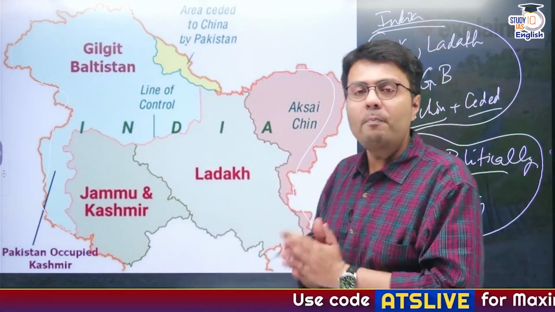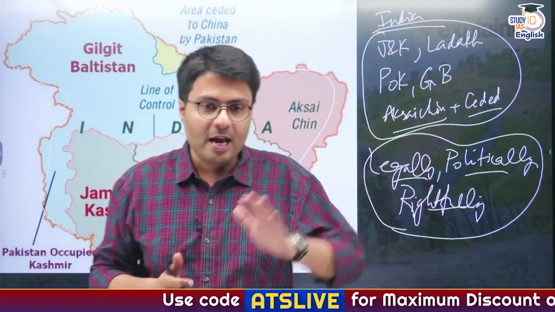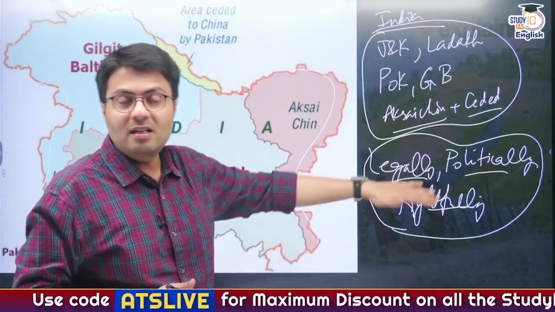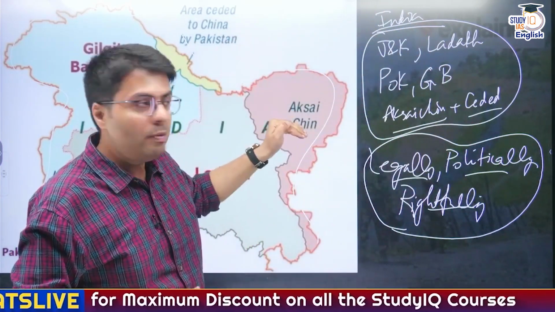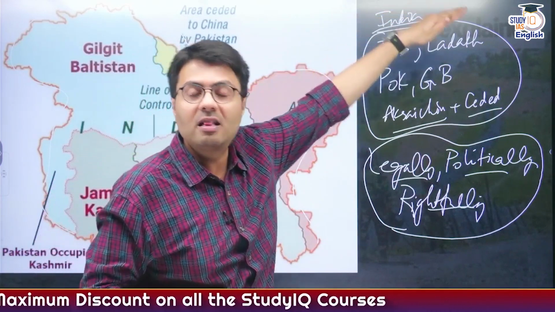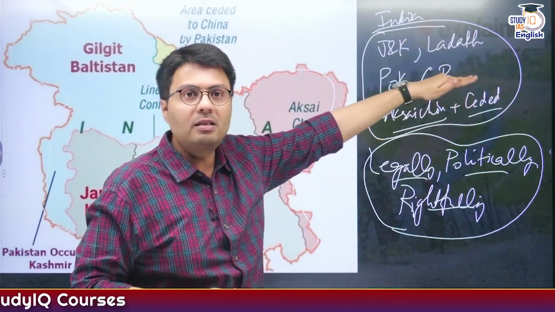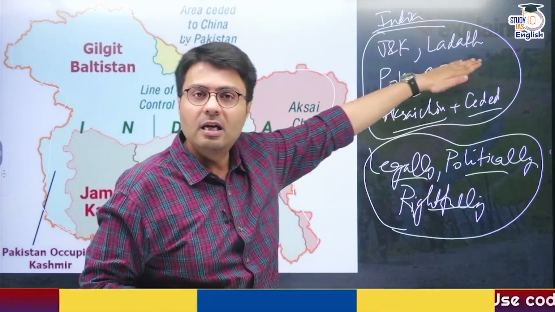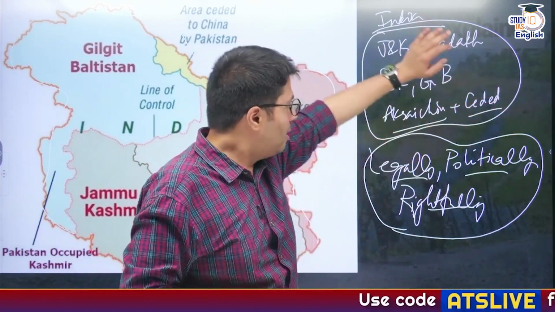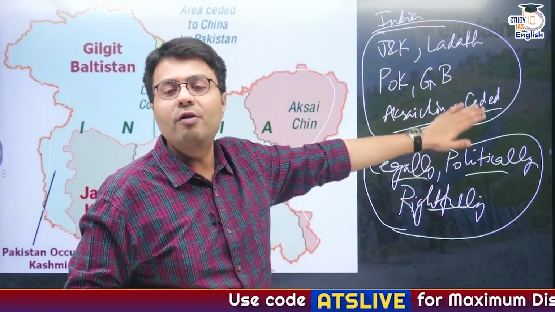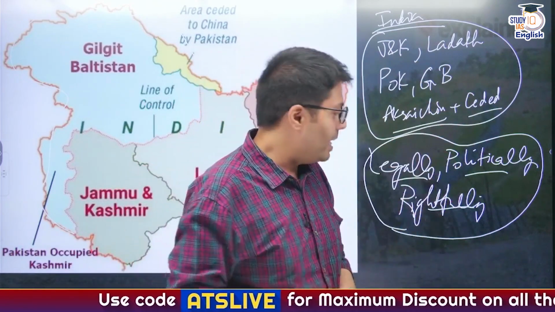So with this hope, let us try to end today's session. You understand, the entire erstwhile state of Jammu and Kashmir, which includes the J&K and Ladakh Union Territories, POK and Gilgit-Baltistan, and Aksai Chin and the ceded territory of China, belongs legally, rightfully and politically to India.